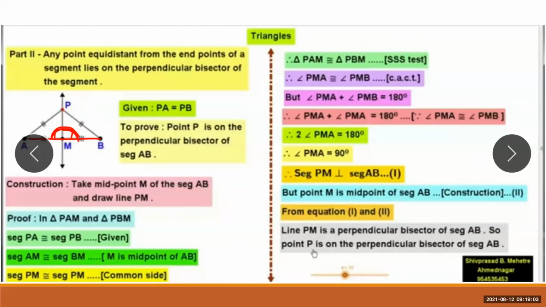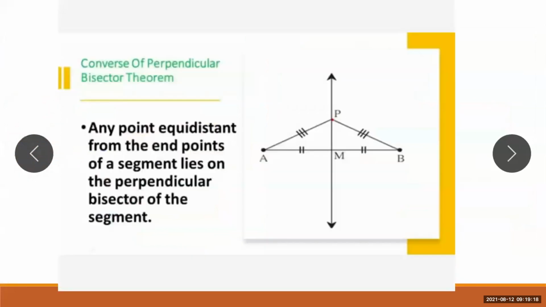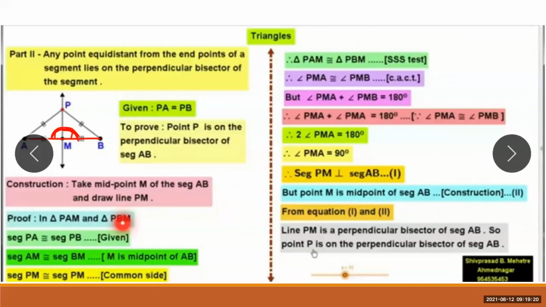See triangle PAM, the smaller triangle on the left, and triangle PBM, this other triangle. In these two triangles, we can write PA is congruent to PB as it is given. Then the common side PM is congruent to PM.